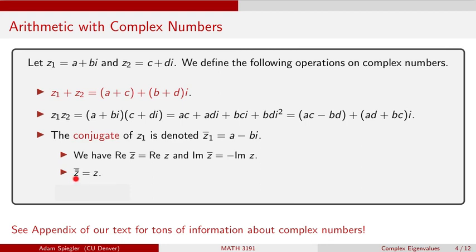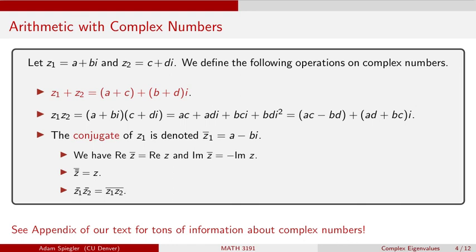And based on how we've defined multiplication and conjugate of a complex number, you can see that, first of all, if I take the conjugate of the conjugate, we get the original complex number back. And secondly, if I take the product of the conjugate of z1 times the conjugate of z2, then that is equivalent to taking the product of z1 and z2 and then taking the conjugate of that.